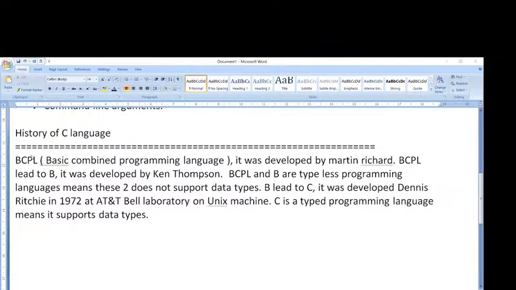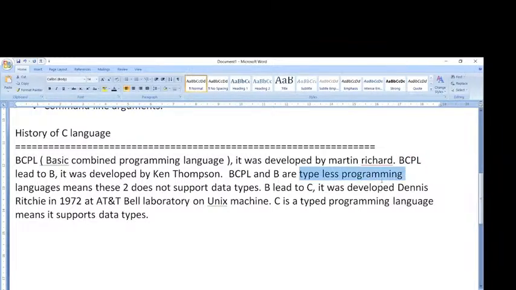There are so many high-level programming languages. One of the important high-level programming languages is BCPL. It stands for Basic Combined Programming Language. This language was developed by Martin Richard. He is the developer of BCPL. From BCPL, a new programming language was developed that is called B, and it was developed by Ken Thompson. BCPL and B are called typeless programming languages.